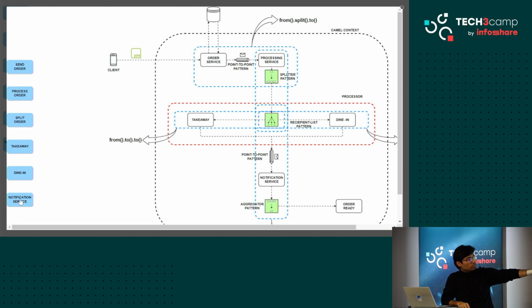And once these orders are ready, I have the aggregator pattern to aggregate that entire order block into the composite form the way it was received from the client. So the aggregator pattern is basically the pattern that you would use to group together individual messages or individual items of a composite order into a single item.